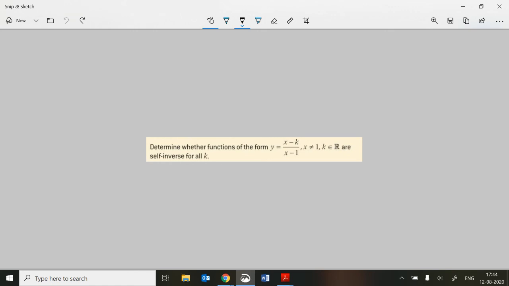Certainly could be an exam style question. So f of x is just equal to this thing here. Now we're going to use the technique, which is to switch x and y around in order to find the inverse. x equals y minus k over y minus 1. Let's multiply across by our denominator.